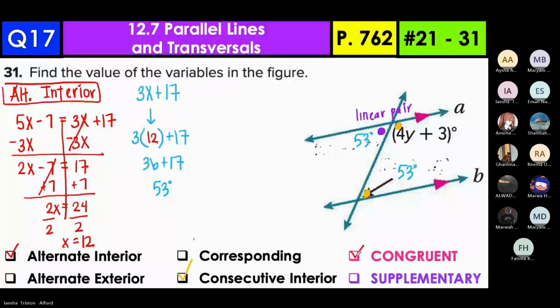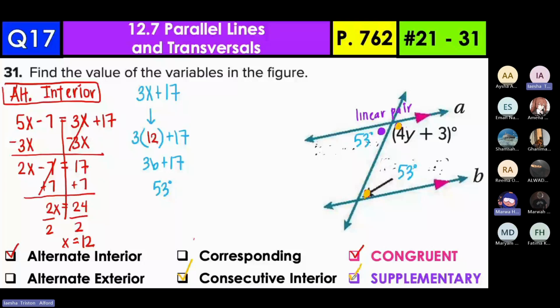Supplementary. So, equation: 4y plus 3 plus 53 is equal to 180. Clean this up. You get 4y plus 56 equal 180.